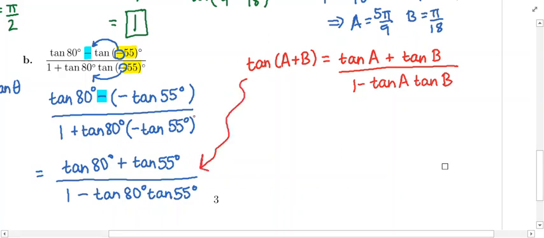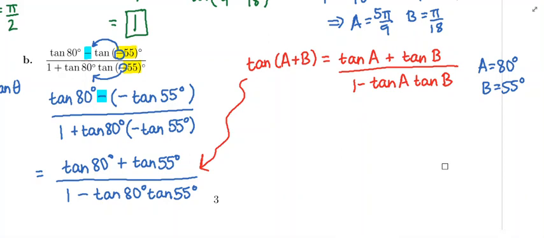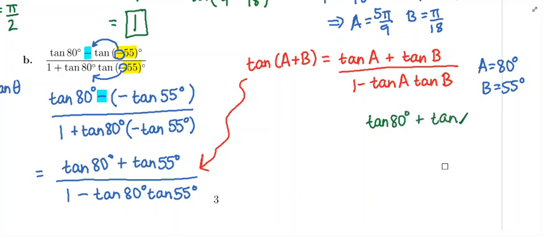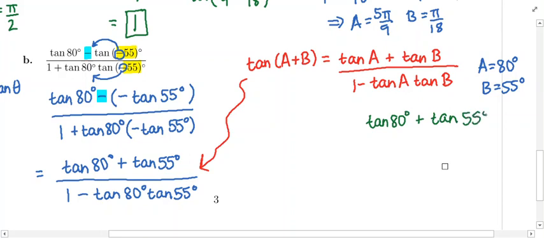If you match these up, our A value is 80 degrees and our B value is 55 degrees. So we have the tangent of 80 degrees plus the tangent of 55 degrees over 1 minus the tangent of 80 degrees times the tangent of 55 degrees.